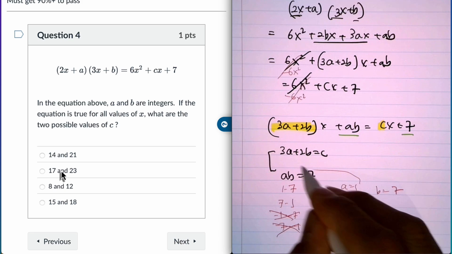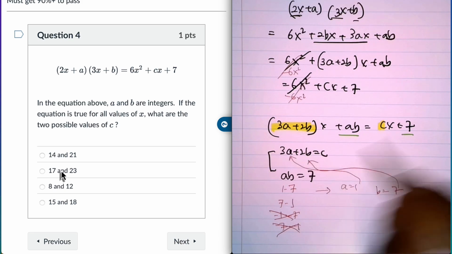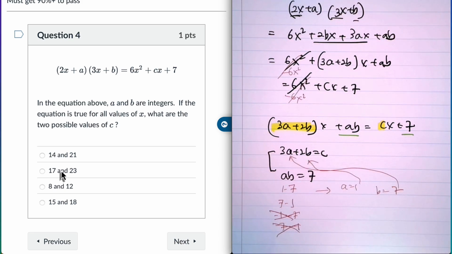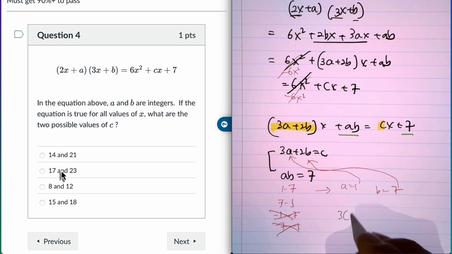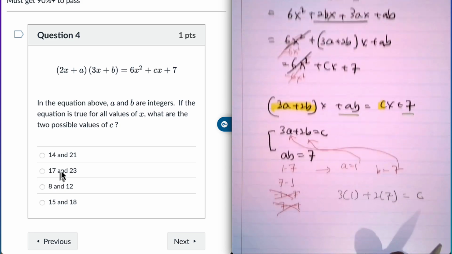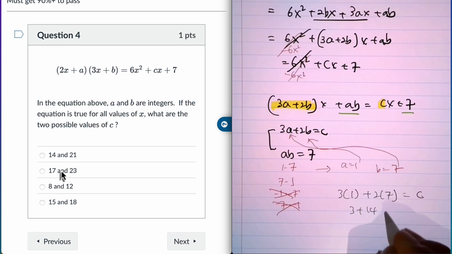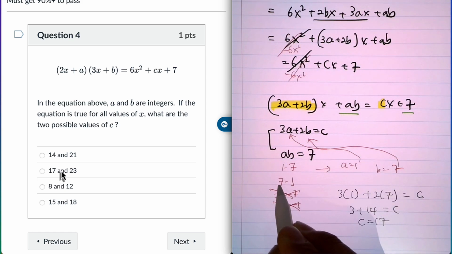So if you plug it in, a equals 1 and b equals 7, we're gonna get 3 times 1 plus 2 times 7. Okay, that's going to be our c value. So 3 plus 14 will give you 17. But what about the other possibility? So we said earlier that a can also equal 7.